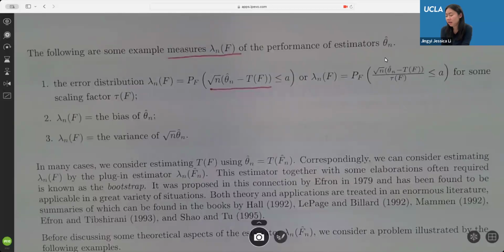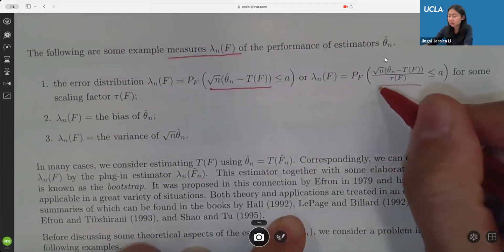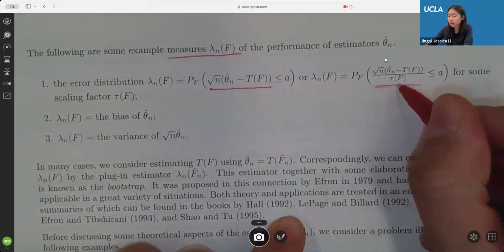That's it. So now let's look at the tail probability, or the CDF function at value A. What is the probability that the statistic is under A? Lambda n F defined in this way. Or we could normalize this root n times difference by some factor.